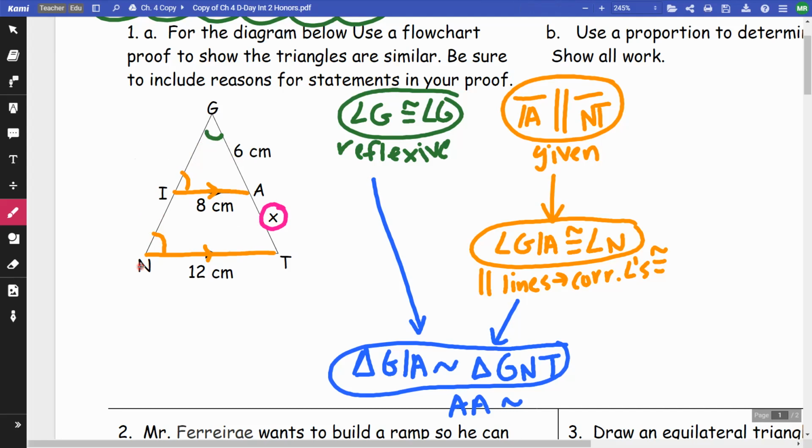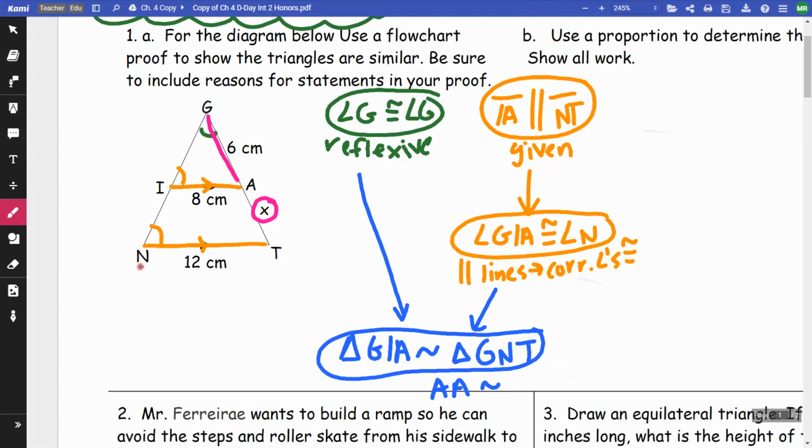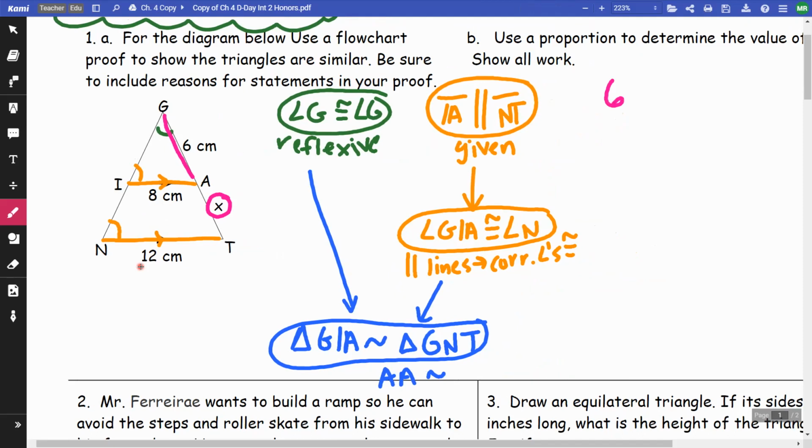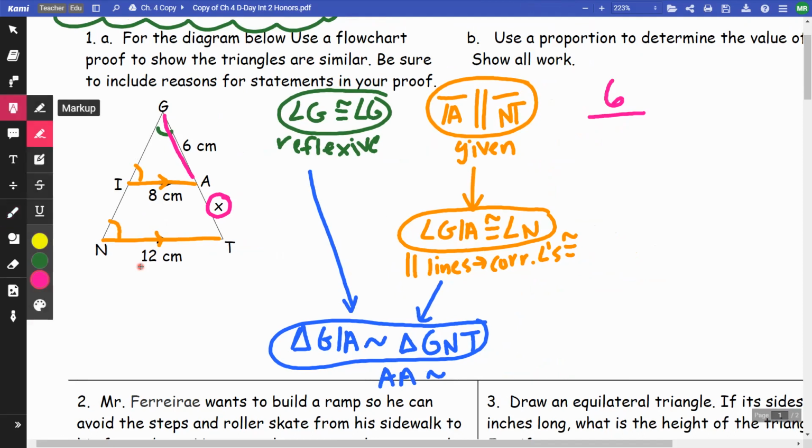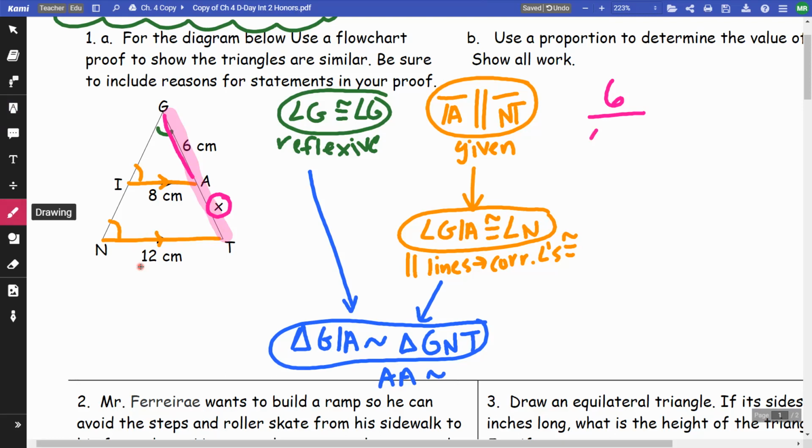So I am going to stay within this triangle and say 6 is to this whole side here, and that whole side there is going to be 6 plus X, equals 8 over 12. Then cross multiply and solve.